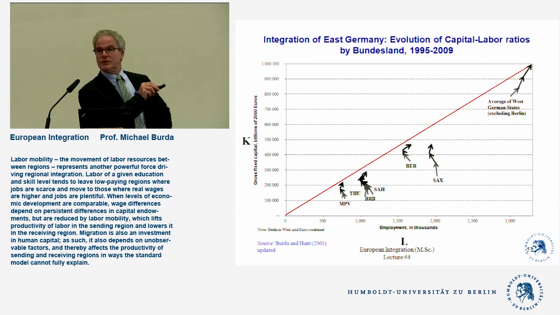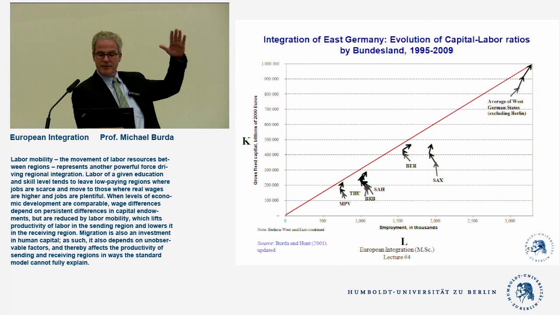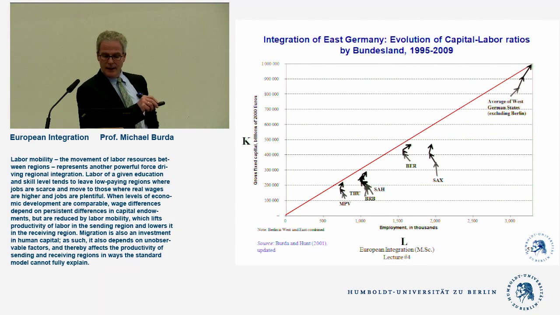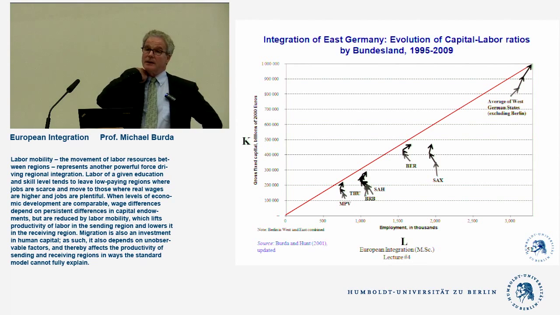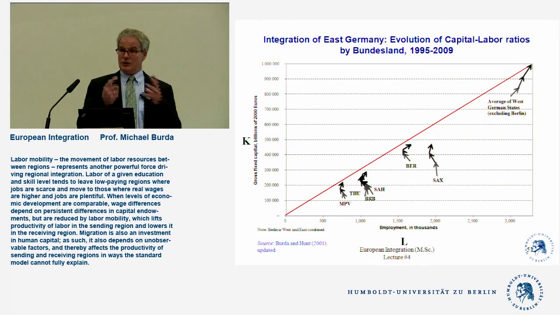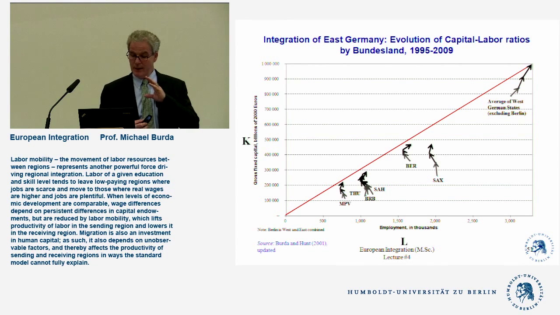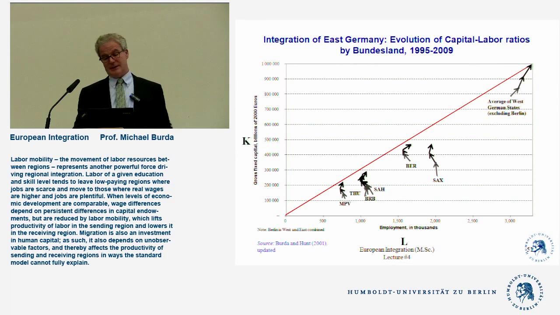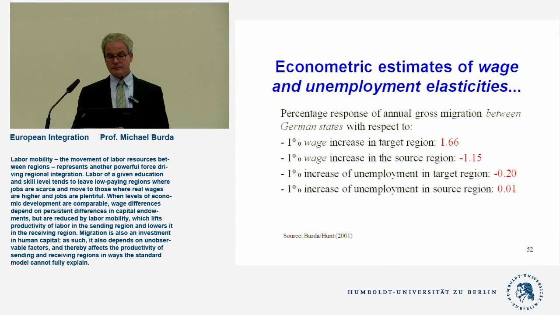Over time, they've increased their capital intensity, so the slope of that line has been increasing over time. But you also see that the East German economy in general has been catching up. There's no question, in terms of the intensity of production, of capital intensity, there has been significant catch-up. Capital intensity of workers in place, not necessarily population.